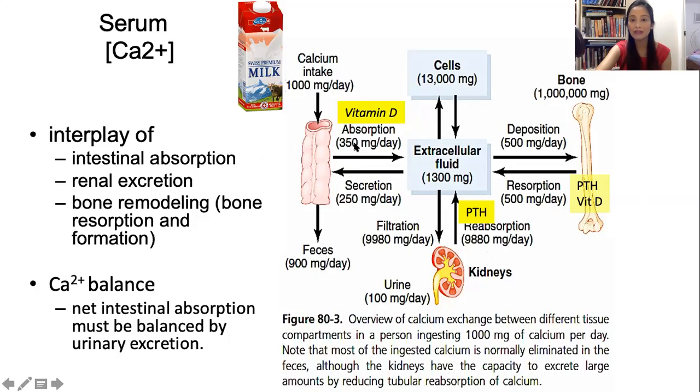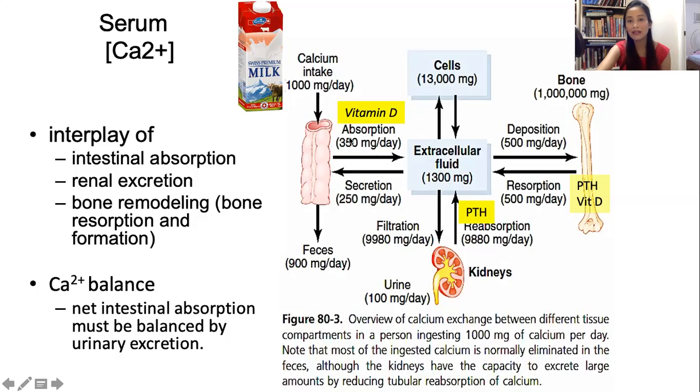And then 350 milligrams of that will be absorbed into the body through the action of your vitamin D. And out of the 350 milligrams that is absorbed, the calcium in your extracellular fluid will be secreted into the GI tract also at approximately 250 milligrams per day. So there will be a net excretion of your calcium through your gut of 900 milligrams per day.